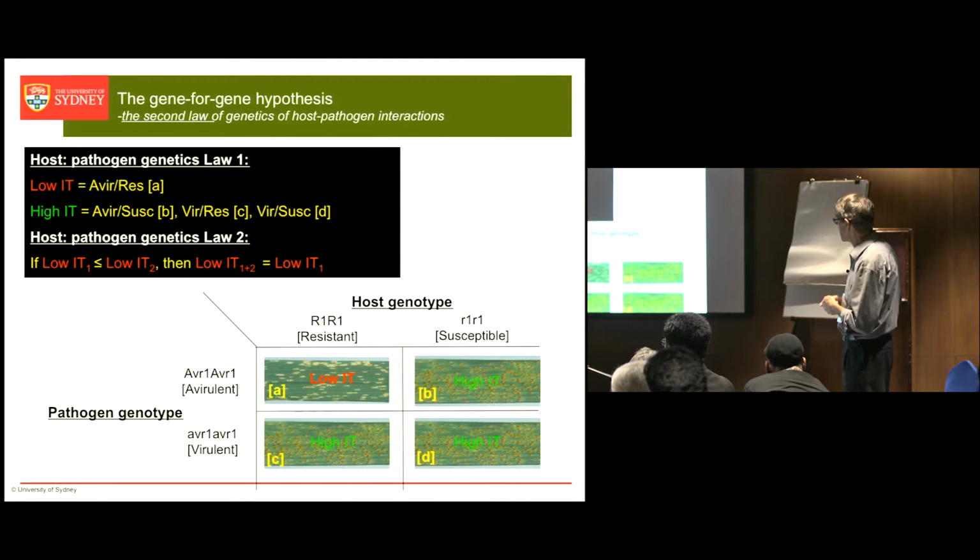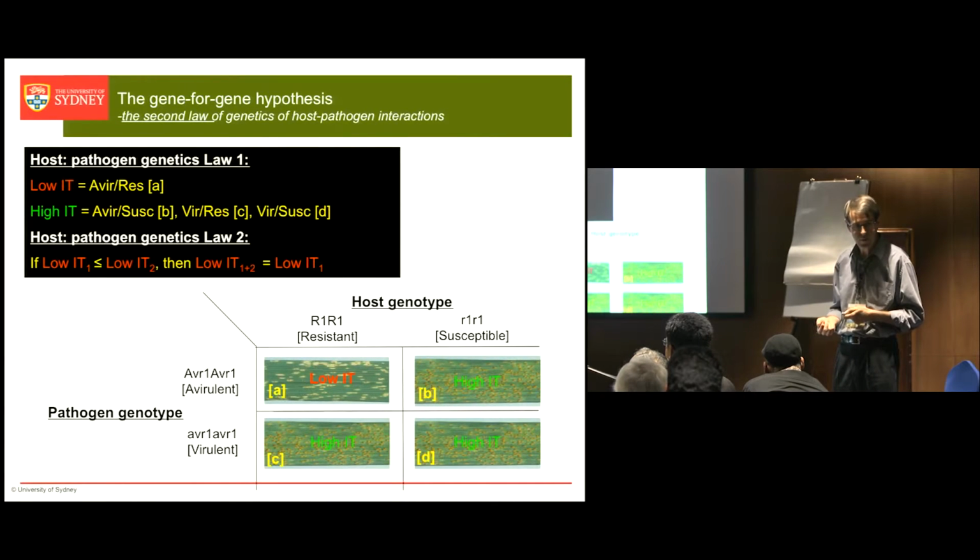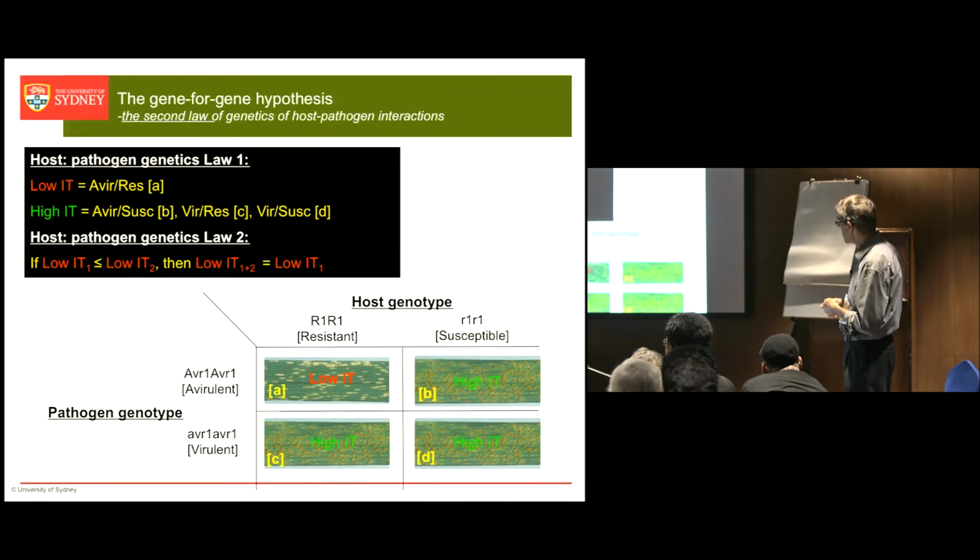The second law, and this is a little bit complicated, tells us if you've got 2 resistance genes together that give different infection types, and the infection type of the first gene is lower than that of the second gene, then when you have both of those genes together, you will see the lowest one.